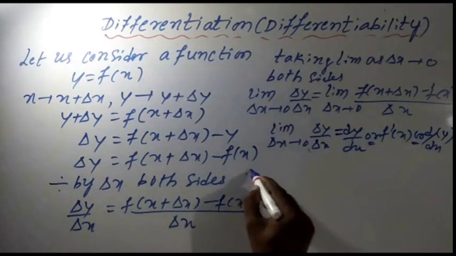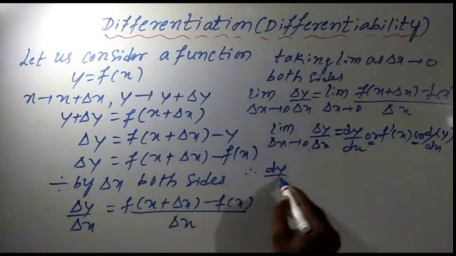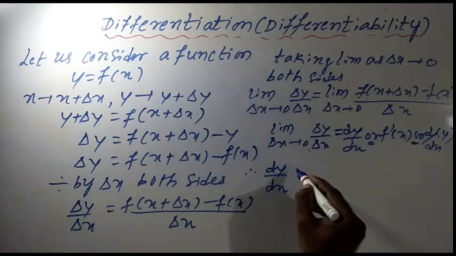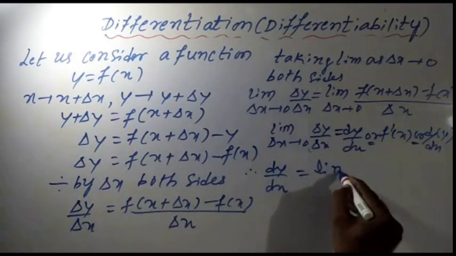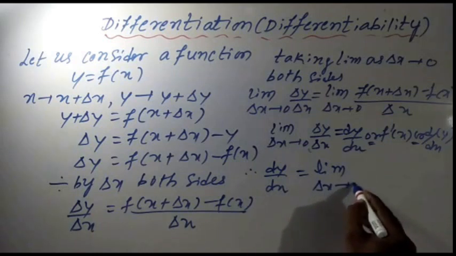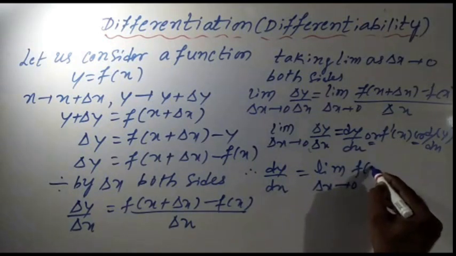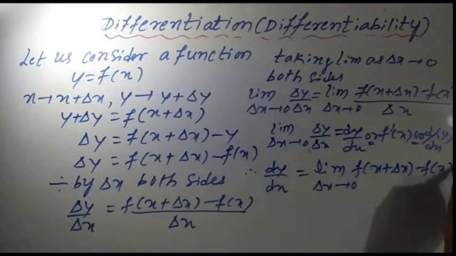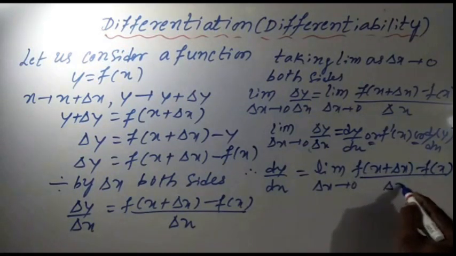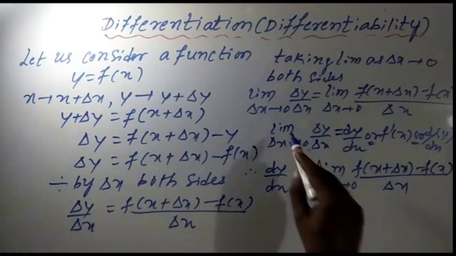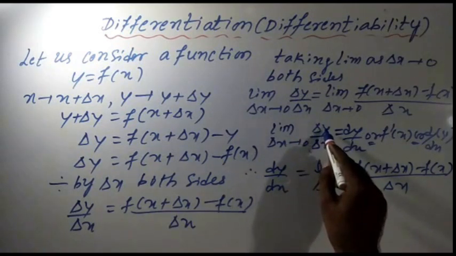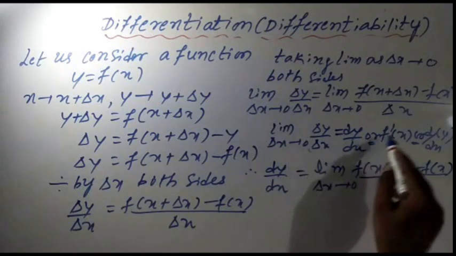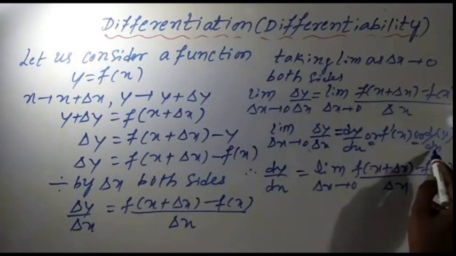Therefore, dy by dx is equal to limit as delta x tends to 0, f of x plus delta x minus f of x whole divided by delta x, meaning limit as delta x tends to 0, delta y by delta x is denoted by dy by dx or f dash of x or d by dx of y.